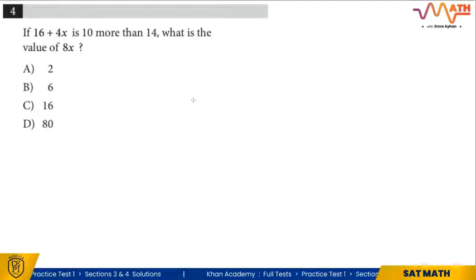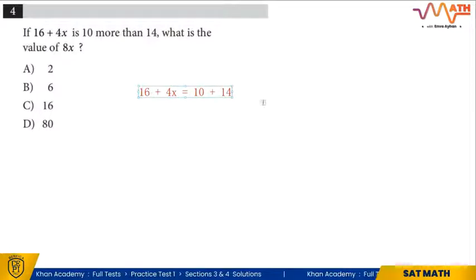If 16 plus 4x is 10 more than 14, what is the value of 8x? So 16 plus 4x is 10 more than 14.